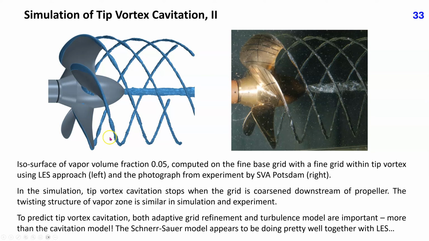The twisting structure of the vapor zone is similar in simulation and in experiment. The result from LES agrees much better with experiment than the result from any RANS model. To predict tip vortex cavitation, both adaptive grid refinement and turbulence model are important, more than the cavitation model. The Schnerr-Sauer model appears to be doing pretty well together with LES in this application.